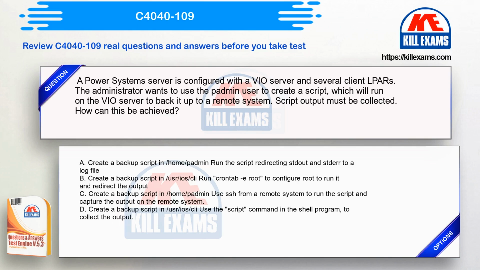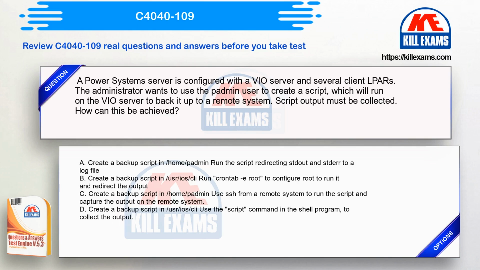Option A. Create a backup script in /home/admin and run the script, redirecting stdout and stderr to a log file. Option B. Create a backup script in /usr/ios/cli, run crontab as root to configure root to run it, and redirect the output.